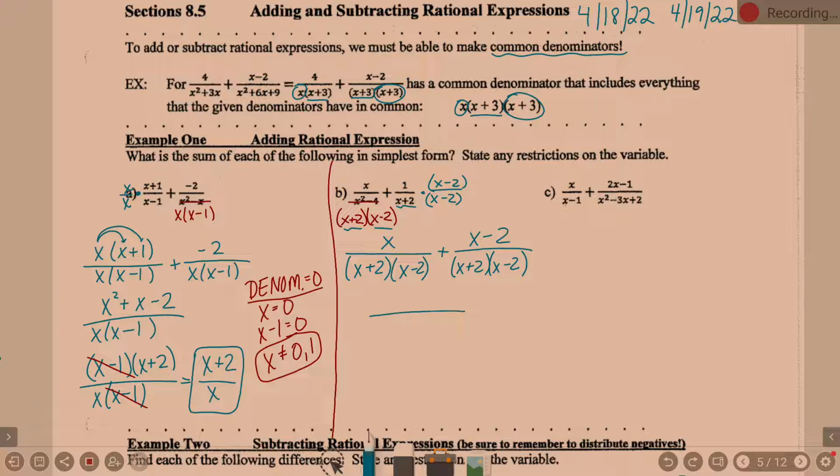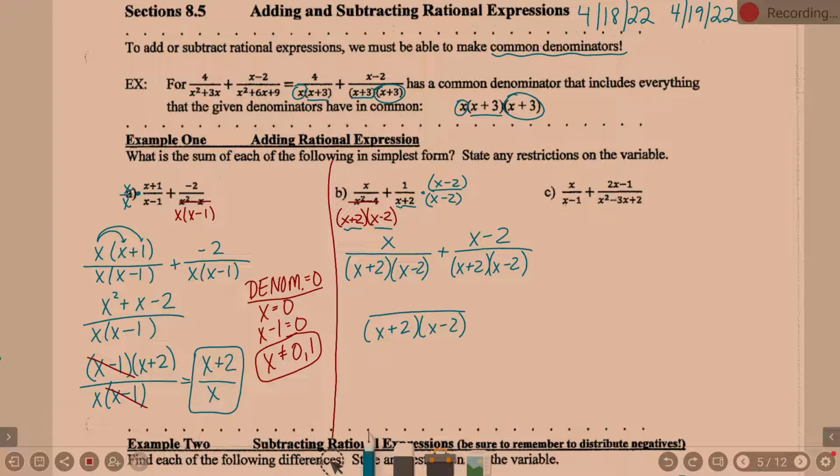I'm going to put them together as one fraction. My common denominator, I'm just going to rewrite as x plus 2, x minus 2. As I think I mentioned yesterday, I don't multiply my denominator together unless I have a reason to.